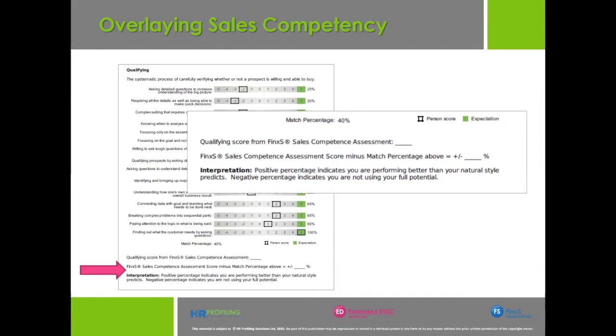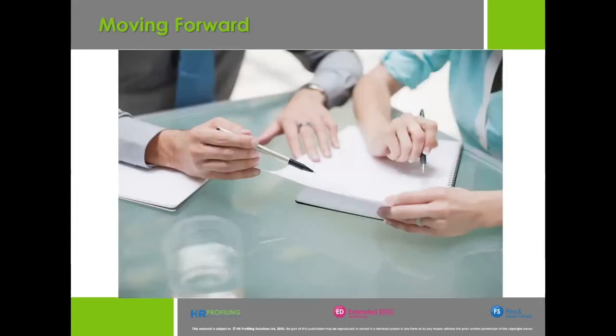You can only imagine, as a consultant, that this is such important information. For me, it helps me to define which competencies could be more difficult to develop further, as they might be at or maybe even beyond their natural expectation already. And that means using a lot of energy and effort already to get the score that they have. More effort, more energy, more training may not actually produce more results.